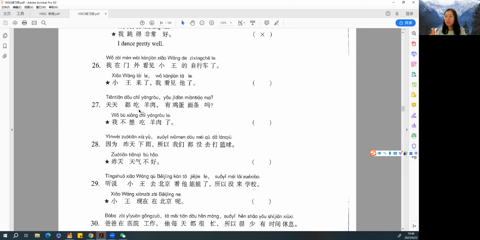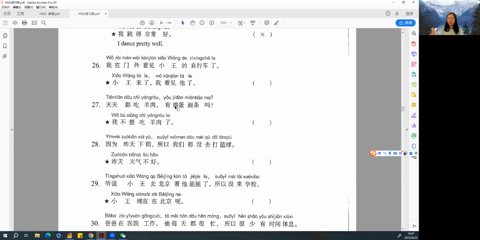天天都吃羊肉，有鸡蛋面条吗？我不想吃羊肉了。This means every day, 都吃, always eating the same thing, right? Every day I eat lamb meat. And then suddenly a question, 有鸡蛋面条吗？鸡蛋 egg, 面条 noodle.